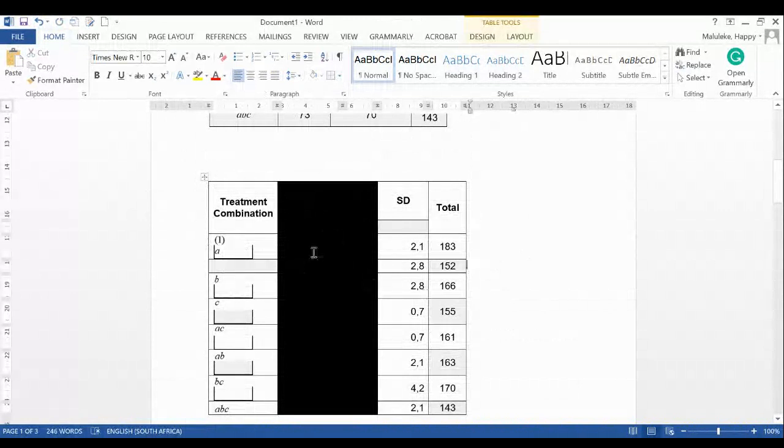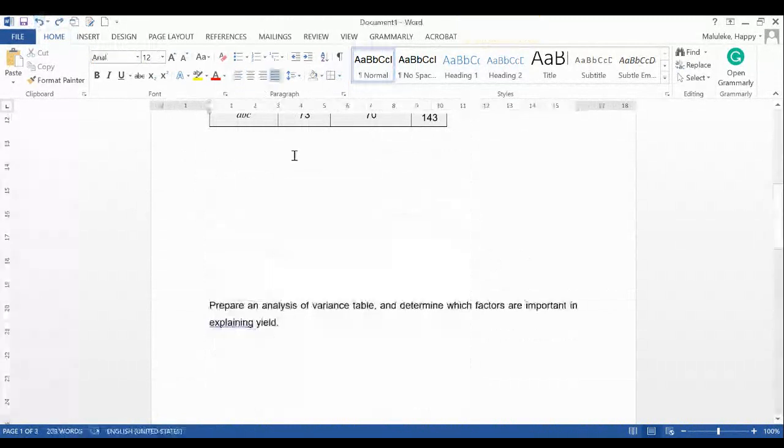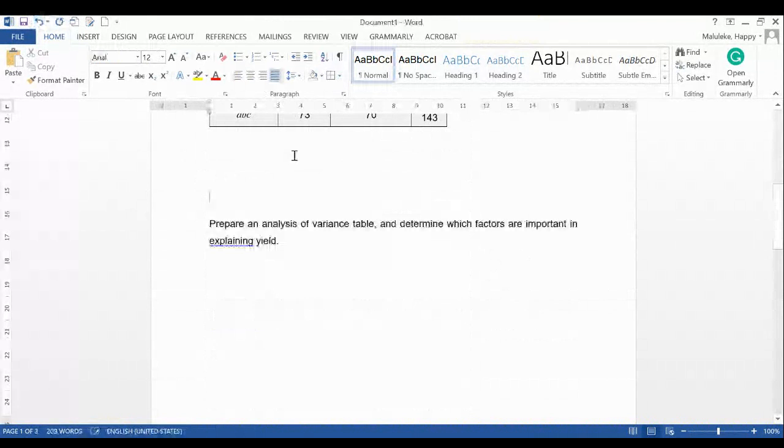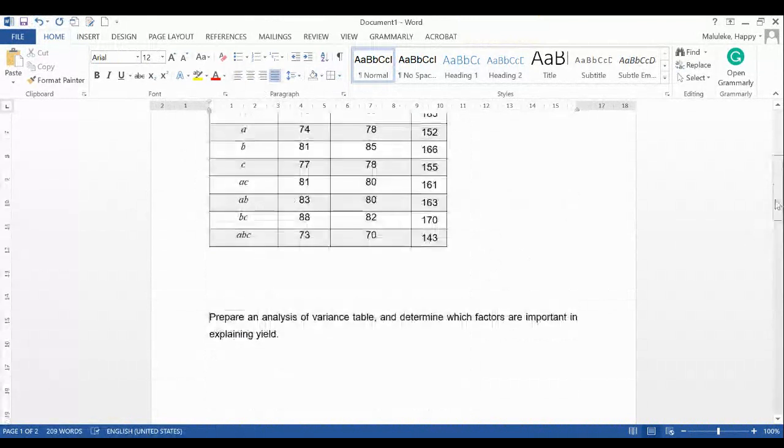Oh, this means the formatting here. This value shifted. Oh, but it was fine. Let me do it like this. It's fine. What I can do is create a column here.